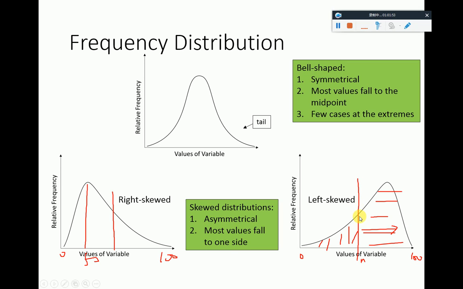For the left skewed distribution, most scores will fall to the right side, because the tail is longer to the left side. In contrast, for the right skewed distribution, the tail is longer to the right. That means there are fewer scores here, but more scores to the left of the midpoint.